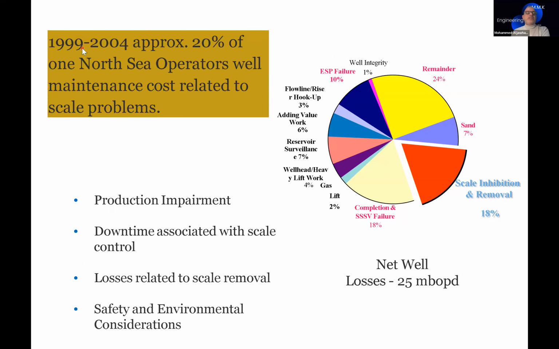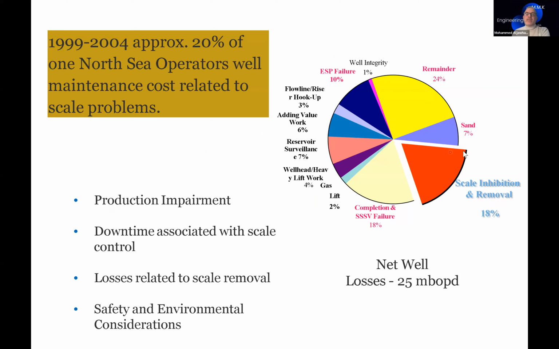Between 2004, 20% of North Sea operation well maintenance costs were related to scale problems, and 80% was scale inhibition and removal. So you can consider how much we spend on scale inhibition and removal.